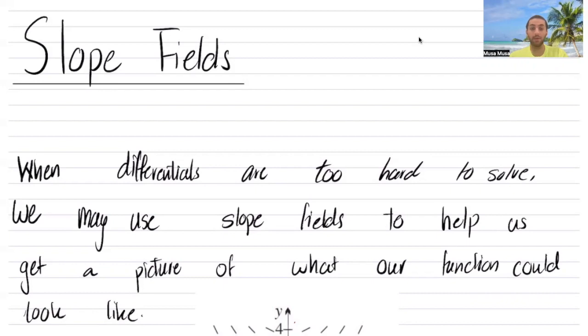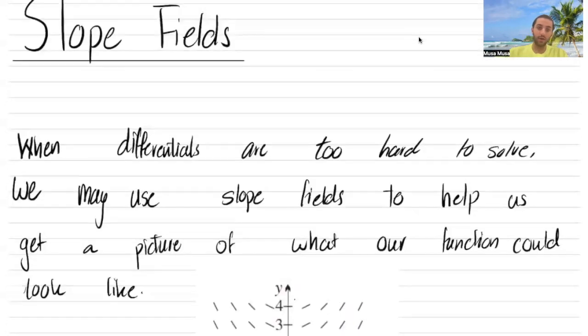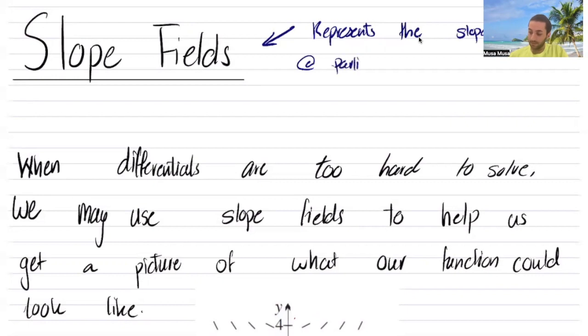So we may employ the use of slope fields to help us get a picture of what our function could look like. So here's an example of a slope field, and I'll just mark in some things about what exactly a slope field represents. So probably you can see it in the name. Slope fields, they represent the slopes, gradients, at particular x and y values.